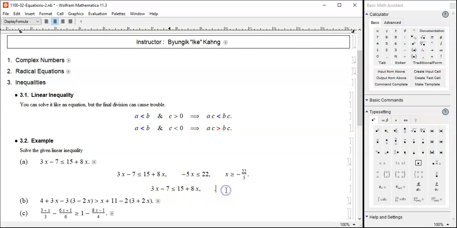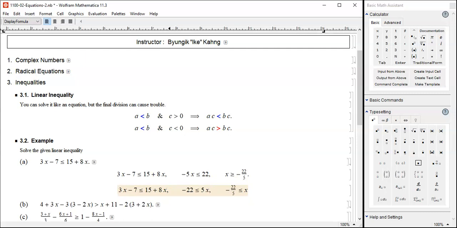Negative 7 minus 15, that's minus 22. Now we have 8x here, and then subtract 3x, so it's 5x. And then divide by 5. Negative 22, divide by 5. Either way, we got the same thing.